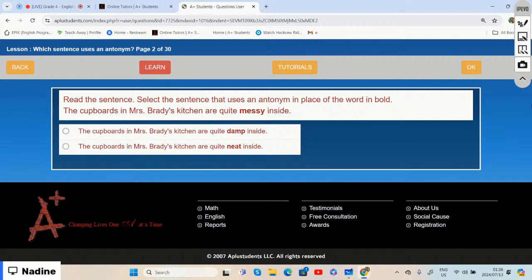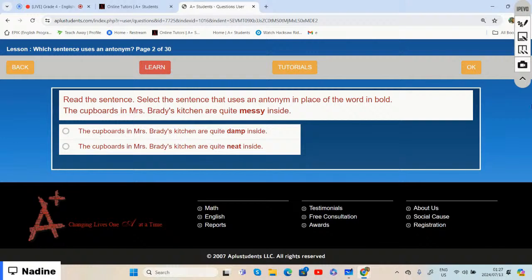So messy, what is the opposite of messy? Is it option one that says the cupboards in Mrs. Brady's kitchen are quite damp inside, or option two, it is quite neat inside?